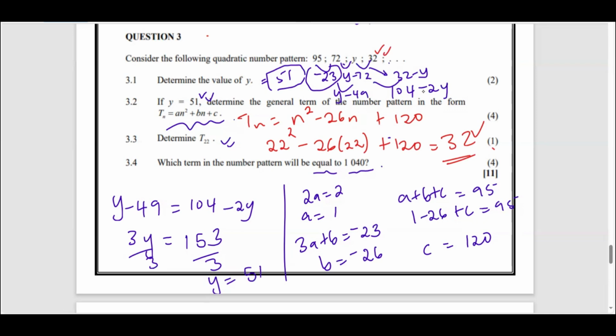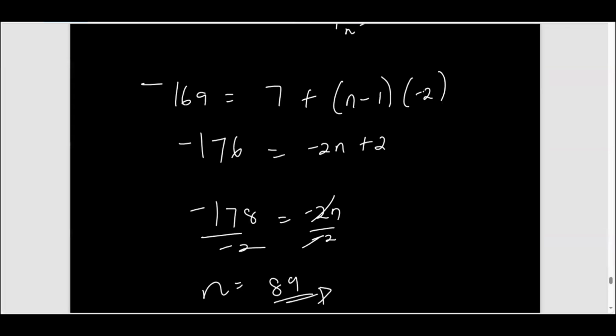It's possible. Then which term will be equivalent to 1040? 1040, 1040. Let's see. So we said 1040 should be equivalent to n squared minus 22n plus 120.